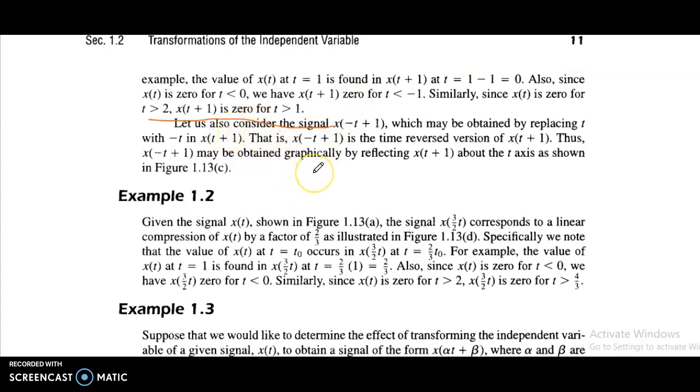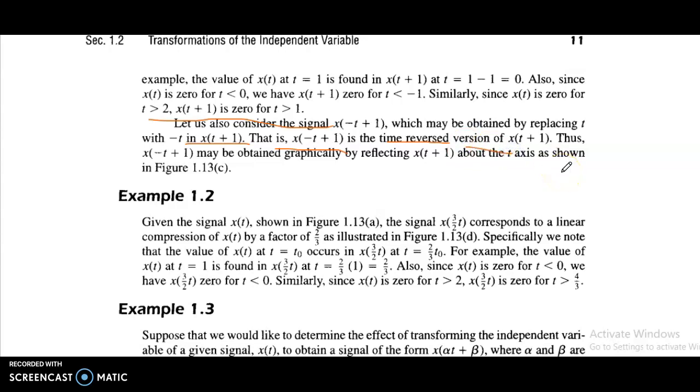Let us also consider the signal x of minus t plus 1, which may be obtained by replacing t with minus t in x of t plus 1; that is, it is the time reversed version of x of t plus 1.